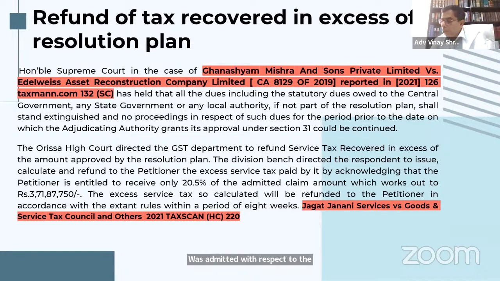The Honorable Odisha High Court directed a refund of the excess service tax collected, which was in excess of the admitted claim in terms of the resolution plan.